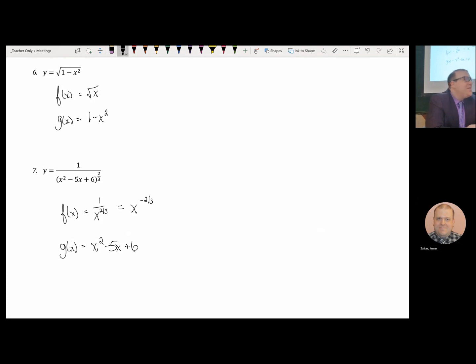When it's time to ask a question, you go blank, and then you get home and go, oh, that's how I wanted to ask it. How do you figure out the domain, basically? Can you go over how you figure out the domain for f of x and g of x?